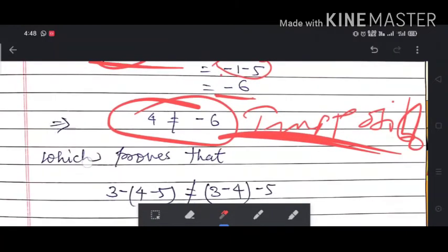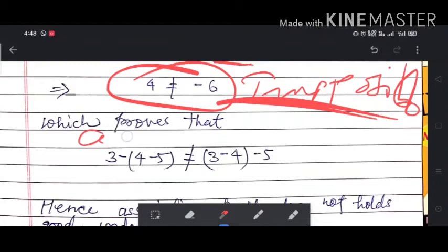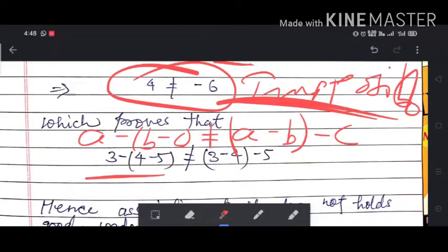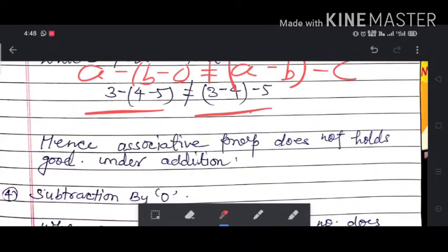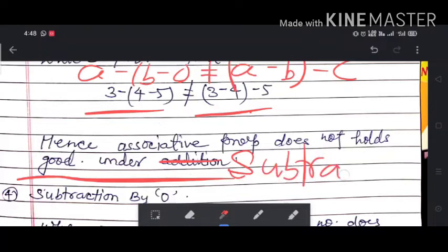Therefore the first arrangement, that is a minus b minus c, does not equal the second arrangement, so 3 minus 4 minus 5 does not equal 3 minus 4 minus 5 in the other grouping, and hence the associative property does not hold under subtraction. Under addition it is possible, but under subtraction it does not hold.